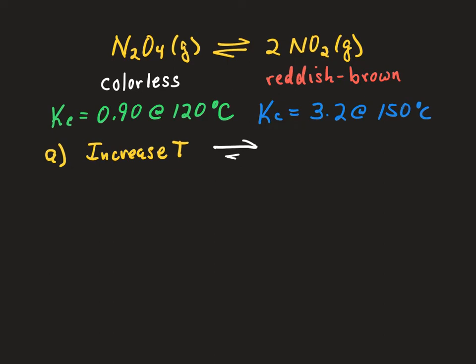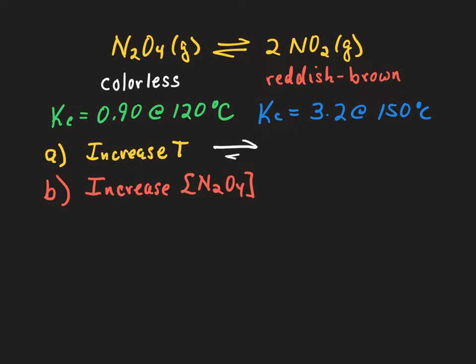Our next possible change is what happens if we increase the concentration of dinitrogen tetroxide suddenly.